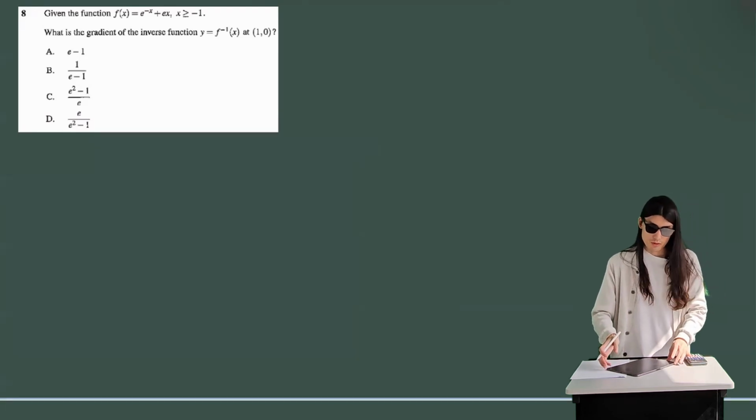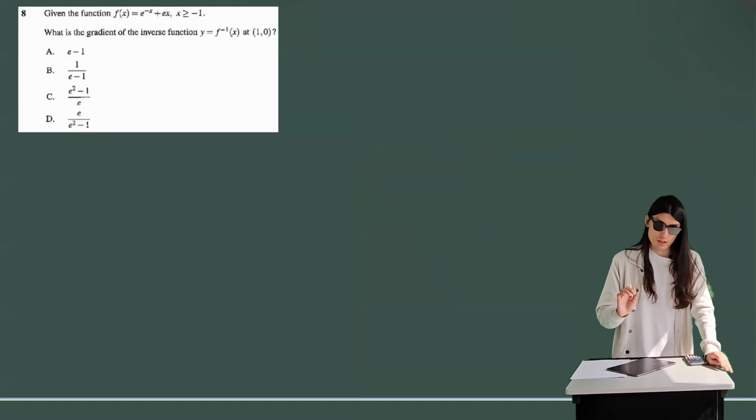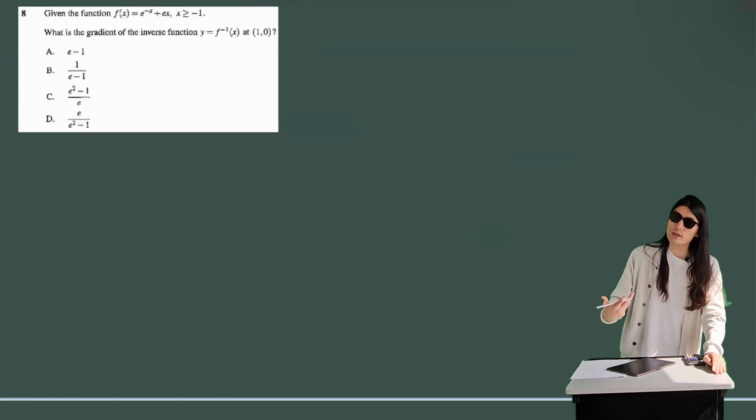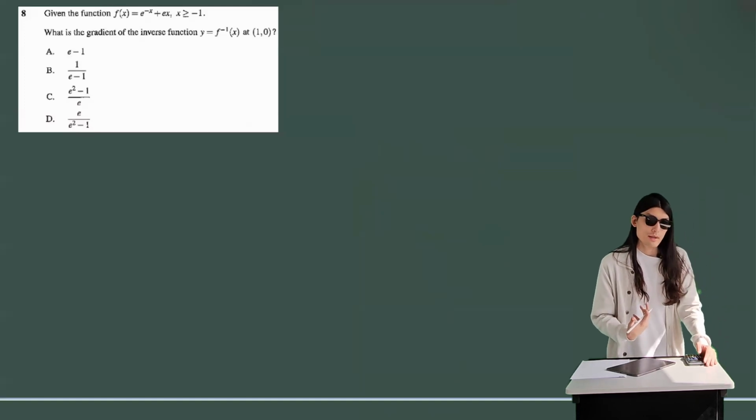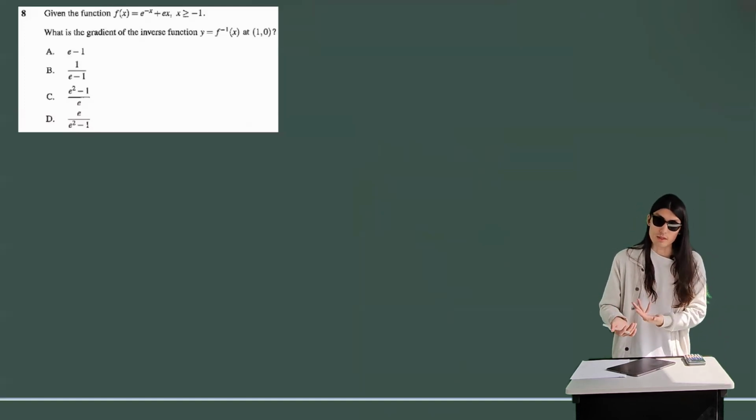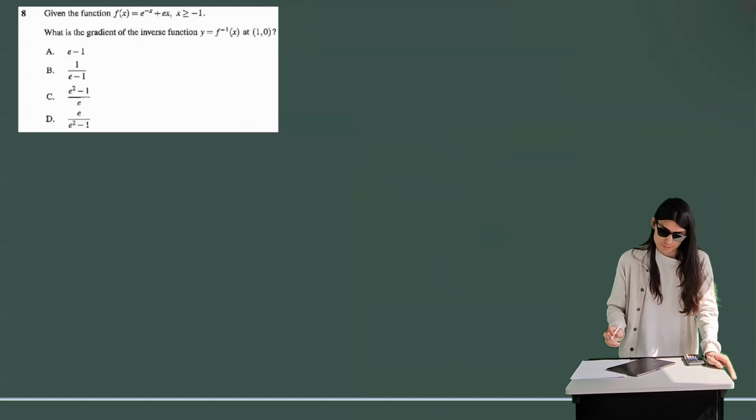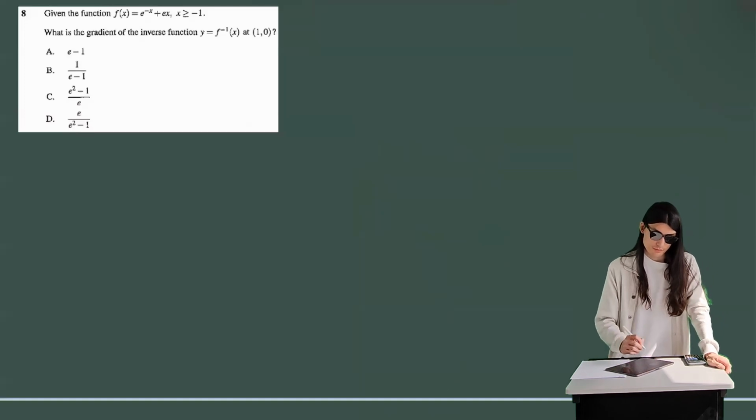Okay, so what I'm going to do is begin by explaining that property itself first, and then I will show you guys how easily the question can be done if you just knew about the property. Okay, so here's the property.